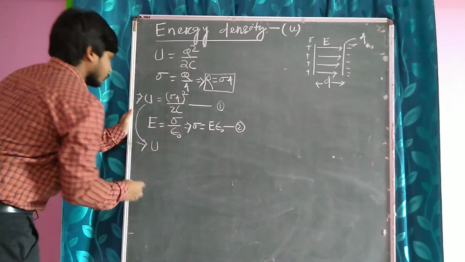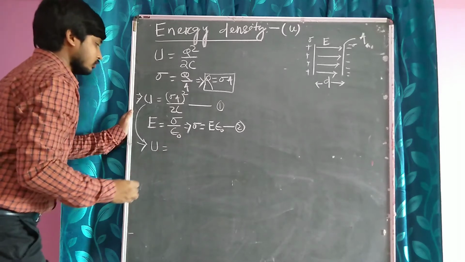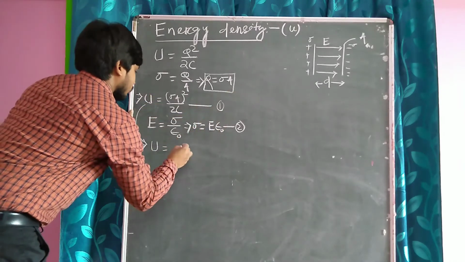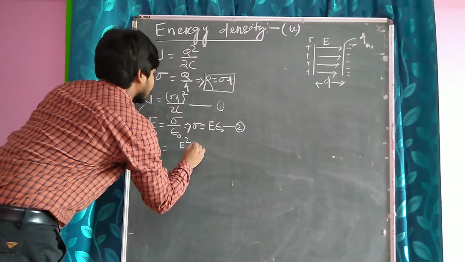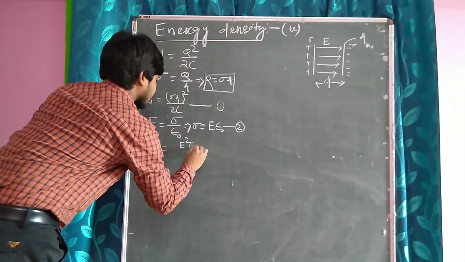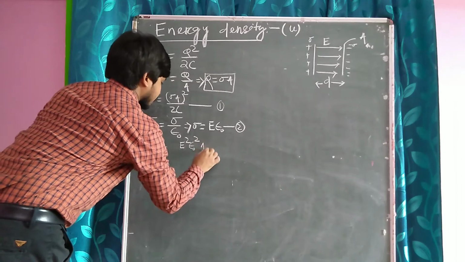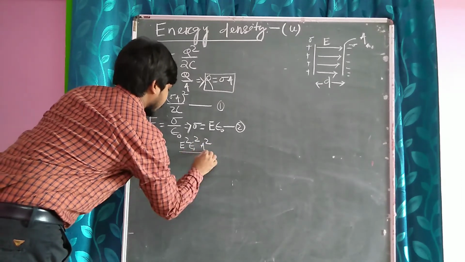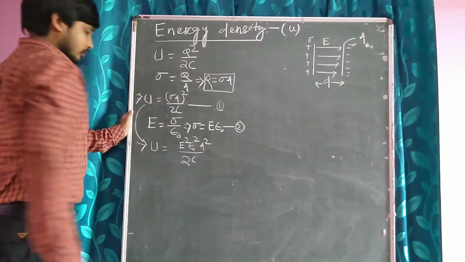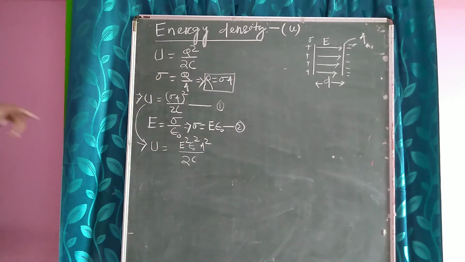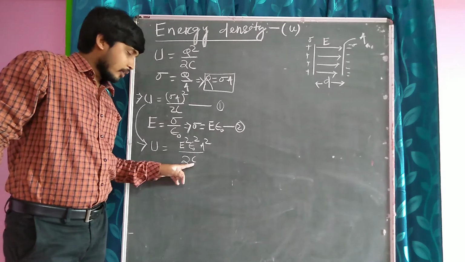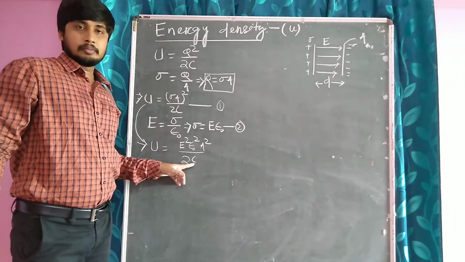So by putting equation 2 in equation 1, you will get U equal to E square epsilon naught square A square by 2C. Here again you can see that this C is the capacitance of the parallel plate capacitor.